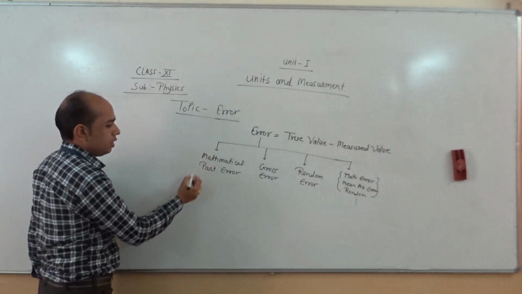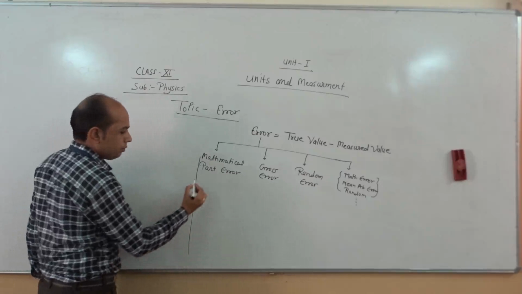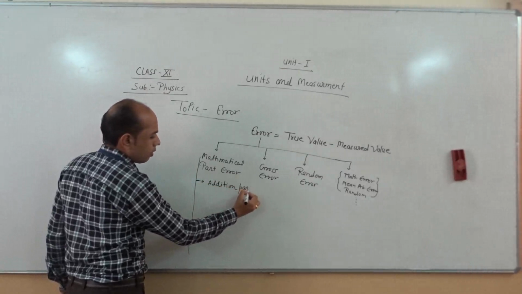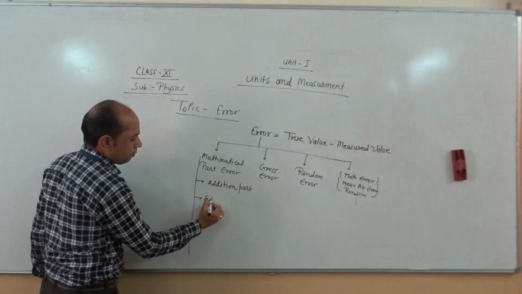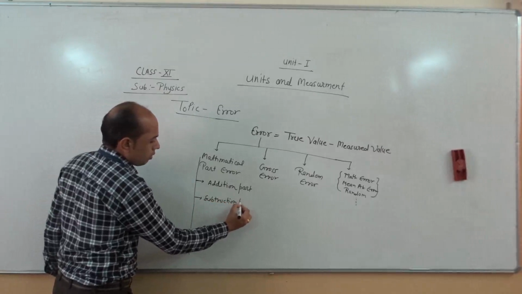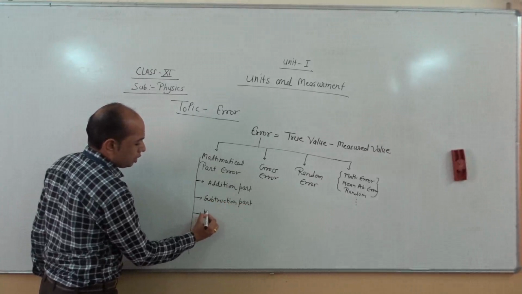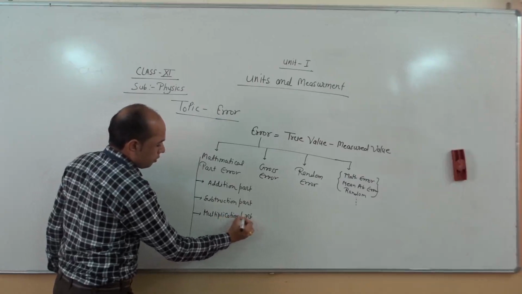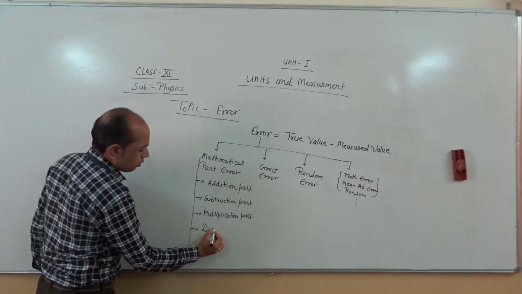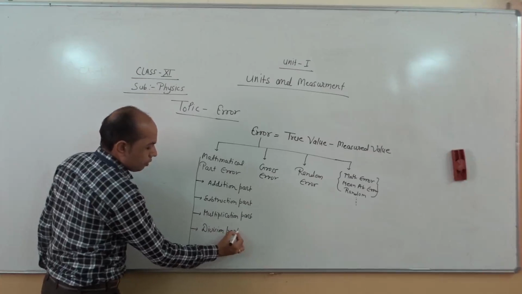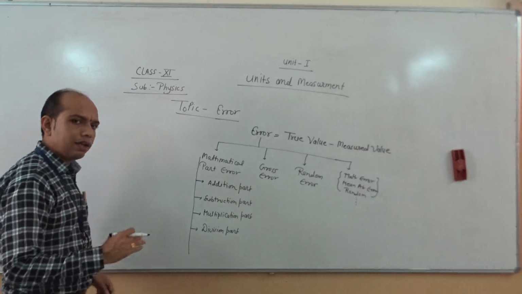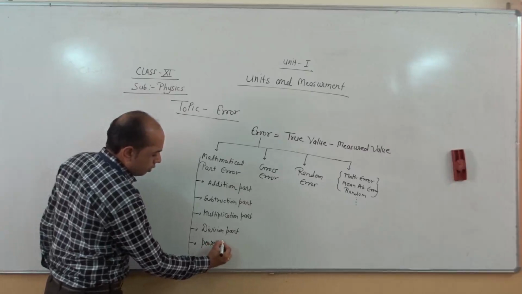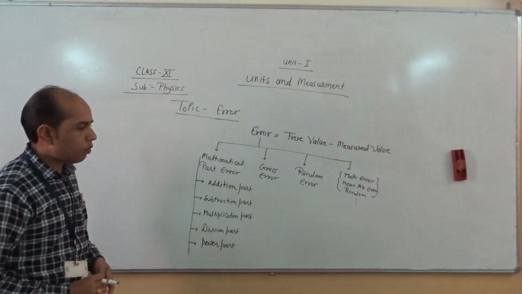First of all, we discuss the mathematical part of error. So errors may occur during the addition part, during the subtraction part, during the multiplication part, during the division part, and if suppose a common factor is like this in powers, in the power part we also find out the error.